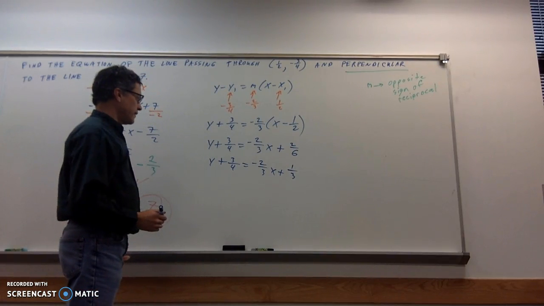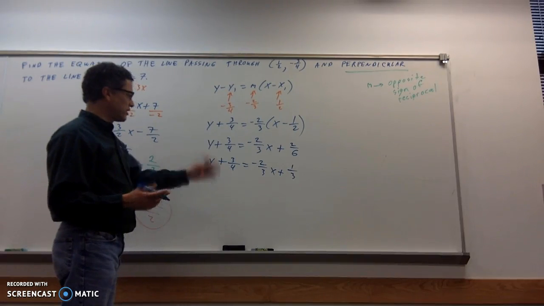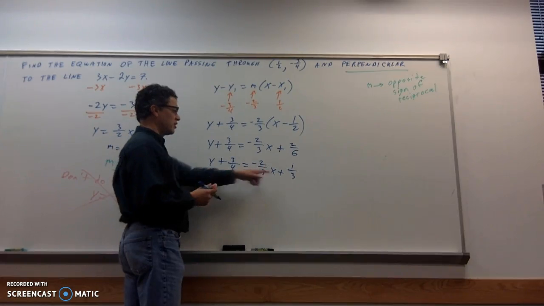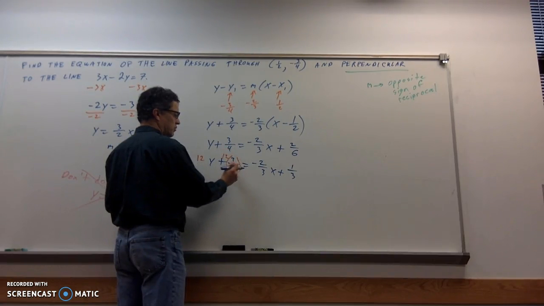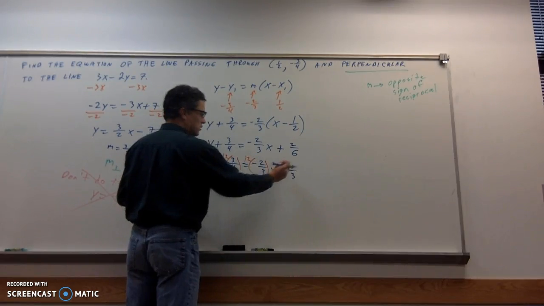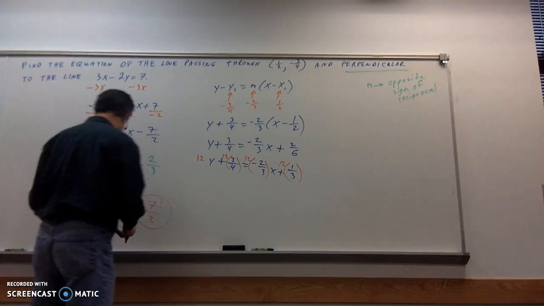All right. Again, what students like to do at this point sometimes is clear out the fraction. I probably could have done it earlier, but I think I'll do it now. So I'm going to multiply through by 12, because my least common denominator is going to be 12. I'm just not a fan of working with fractions forever.